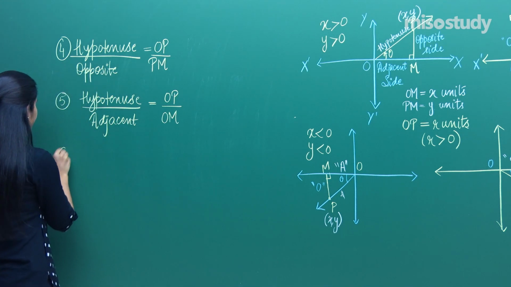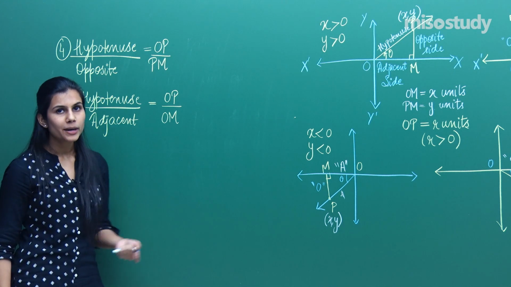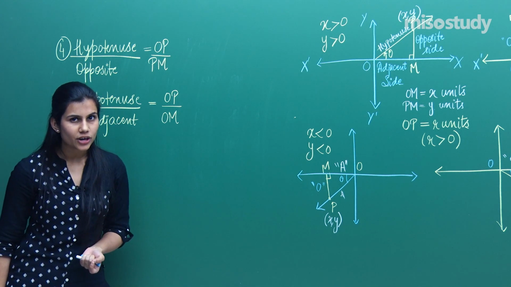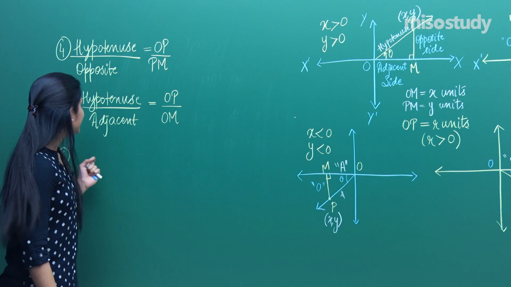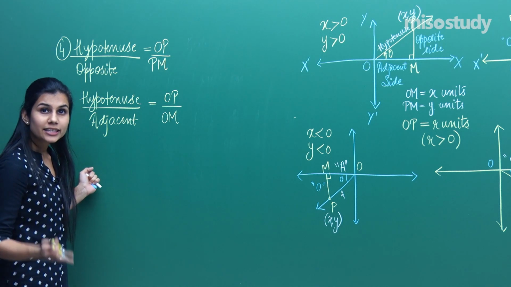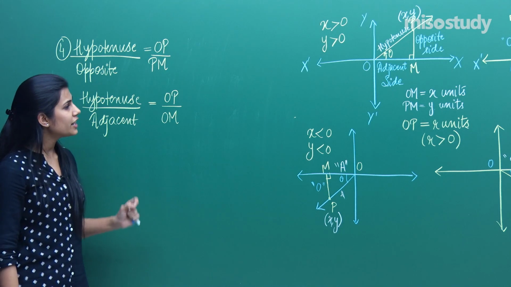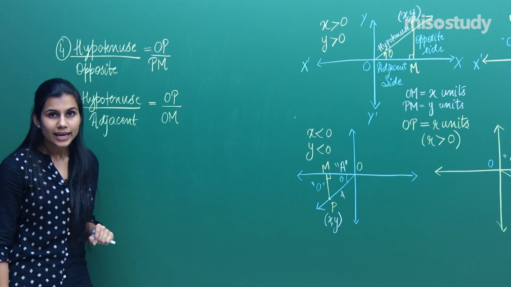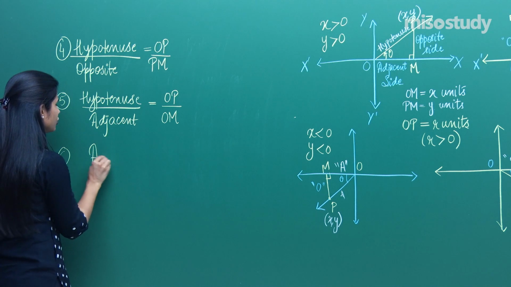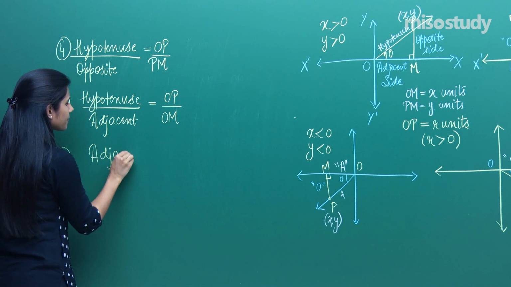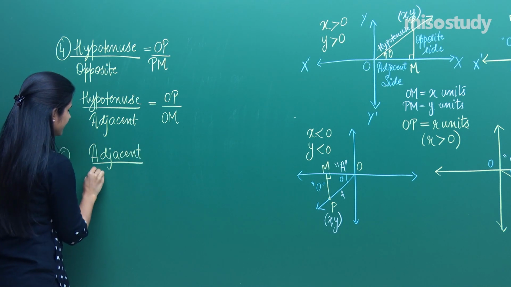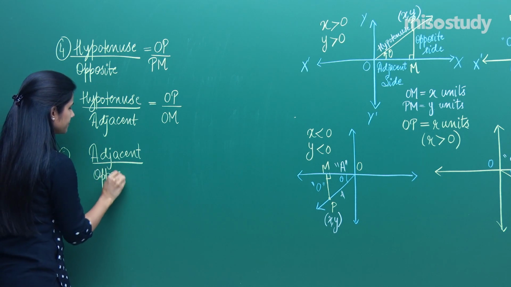Next, and the very last ratio which you can form with the help of the sides of a right triangle, happens to be just the opposite or the reverse of the third ratio. The third ratio was of opposite upon adjacent. So this is adjacent with the opposite.